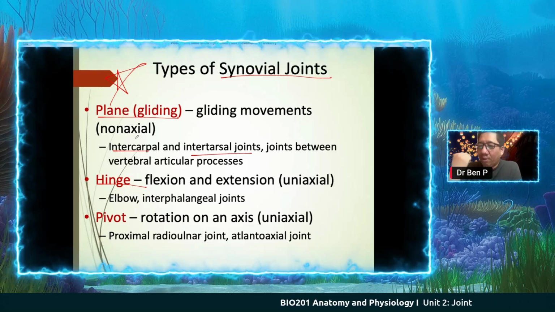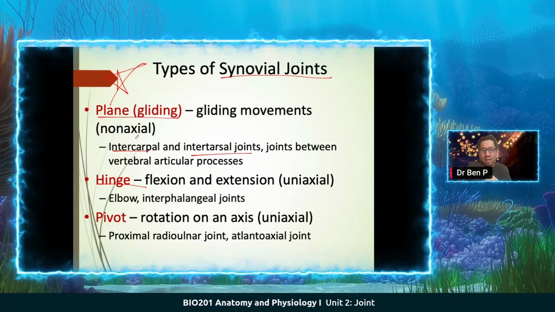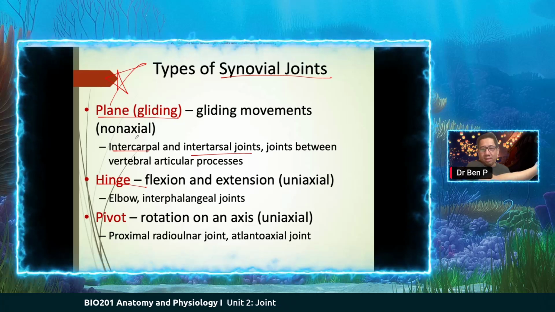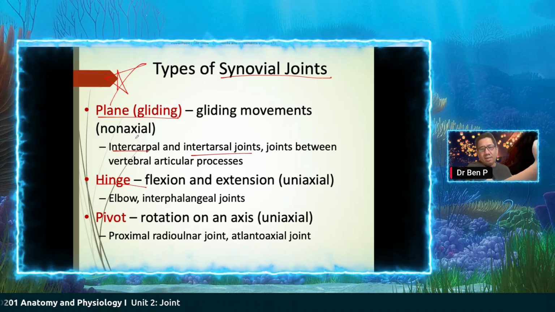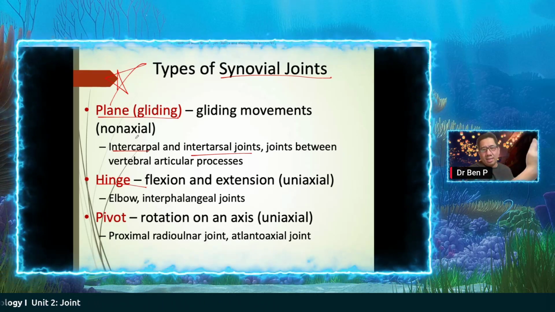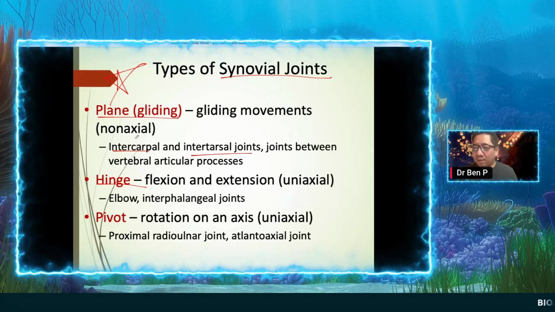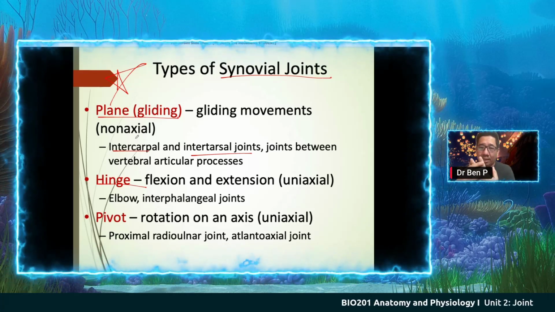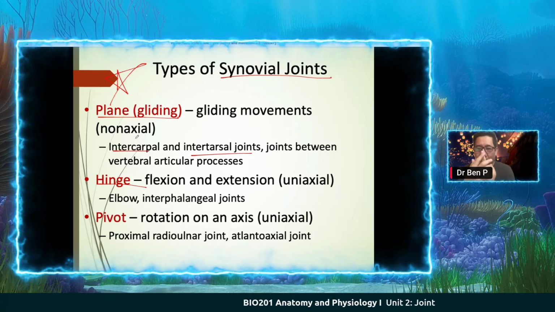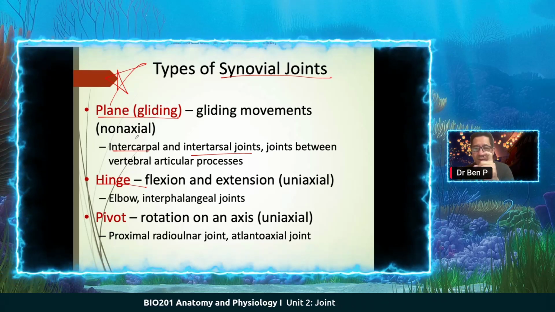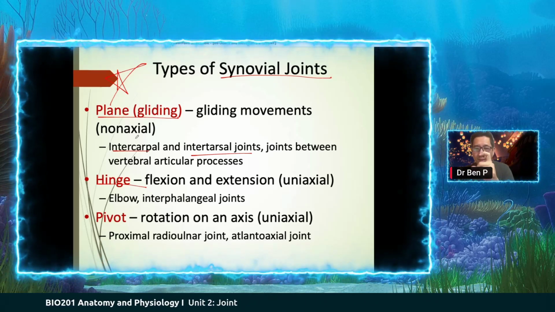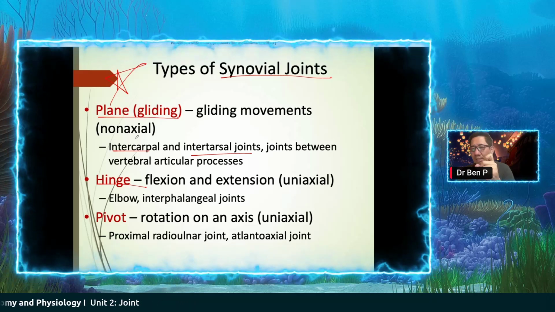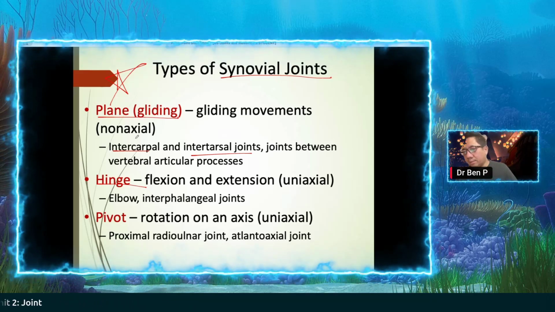Your elbow is a hinge joint because you only have one movement with your elbow. You technically cannot really twist your elbow to the other side. Okay, the interphalangeal joint. Inter means between your phalanges, so the interphalangeal joint is in your finger. Okay, you only have one movement of your finger. Okay, that's the interphalangeal joint. Okay, your hinge joint.